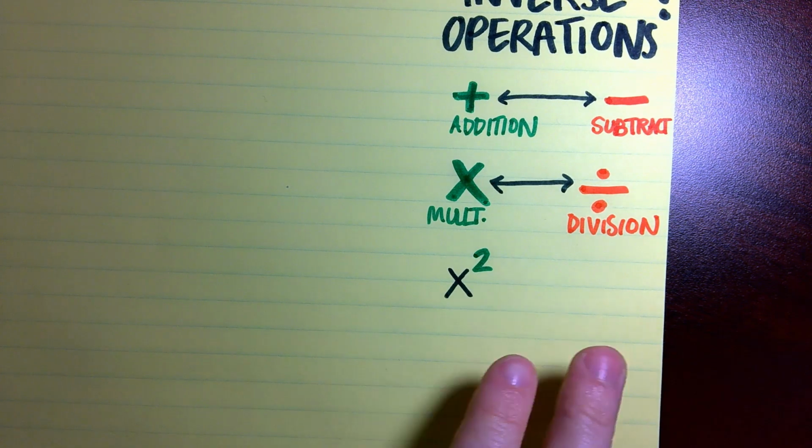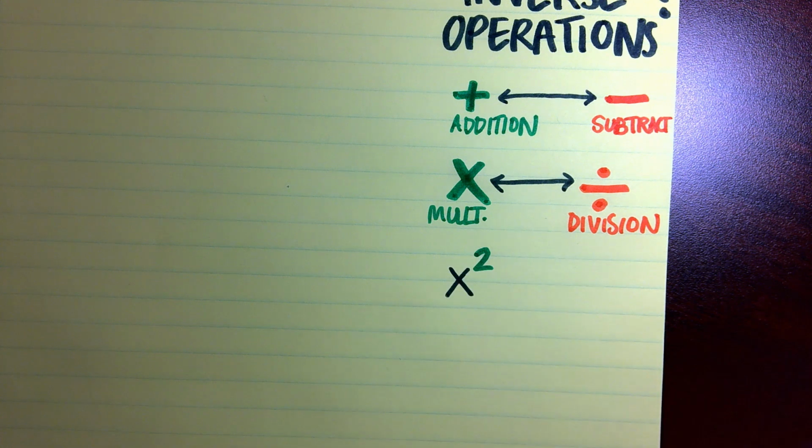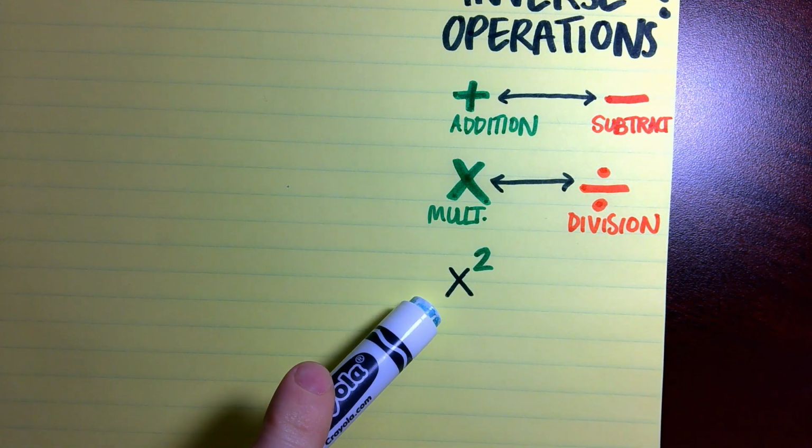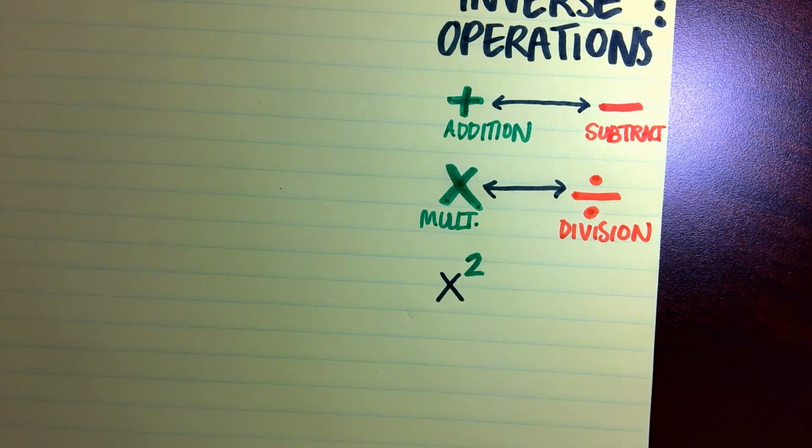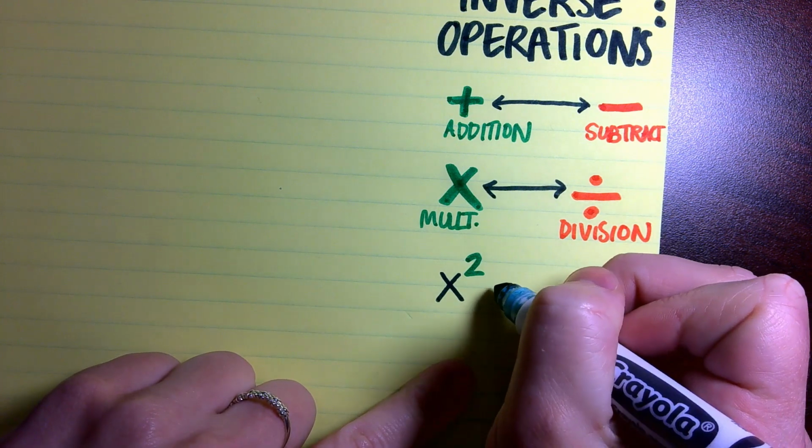Does anybody know what the opposite of a square is? So I'm not trying to solve for x here. I want to know what's the opposite of taking something to the second power? Square root. Who said that? Kelly, on it. Yes. Square root.